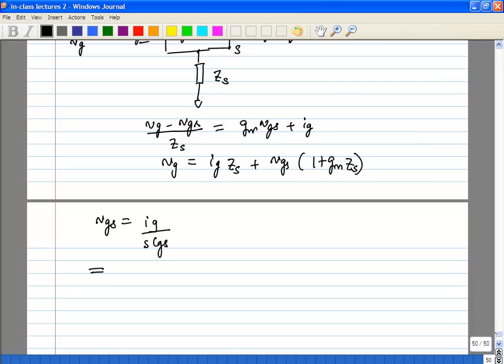So what does this mean? We'll just replace Vgs here. So Vg is Ig Zs plus 1 plus gm Zs, Ig over sCgs.